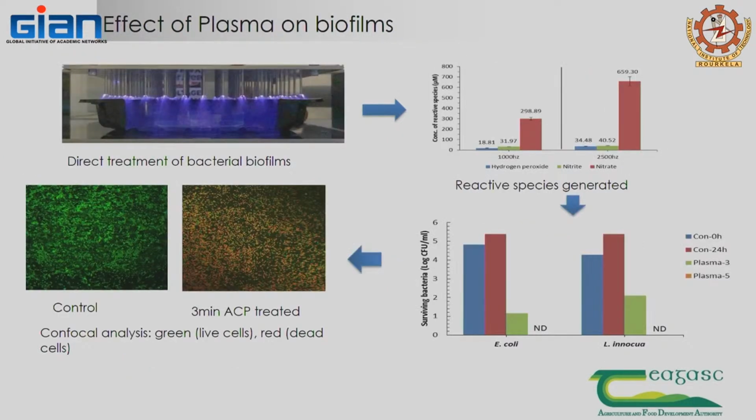Now, this is how the control looks in confocal imaging; a dye is added and absorbed by a specific part of the bacterial cells, which imparts a color. Then we apply atmospheric cold plasma. You would have seen a lot of different terminology: cold plasma, atmospheric cold plasma, PJ plasma, that is plasma jet.